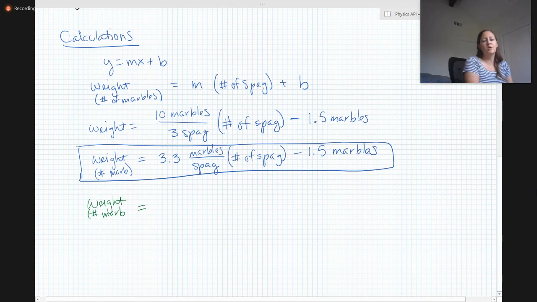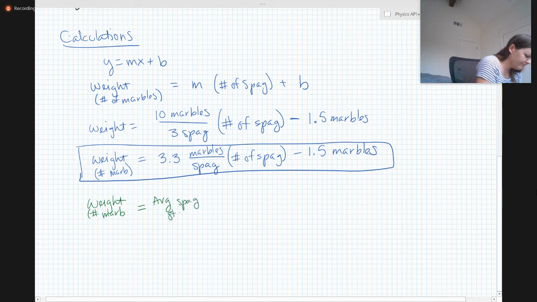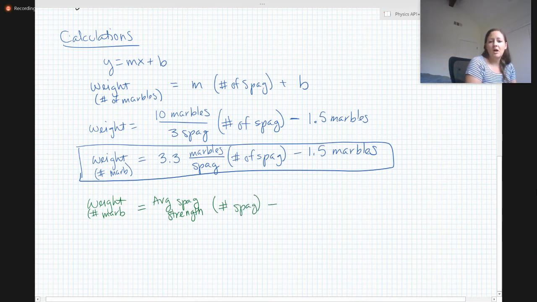So 3.3 marbles per spaghetti, as we talked about in class, per means for every one. So I can hold 3.3 marbles for every one spaghetti. So that's going to be my average spaghetti strength times number of spaghetti minus, and we said our intercept was the weight of the cup.